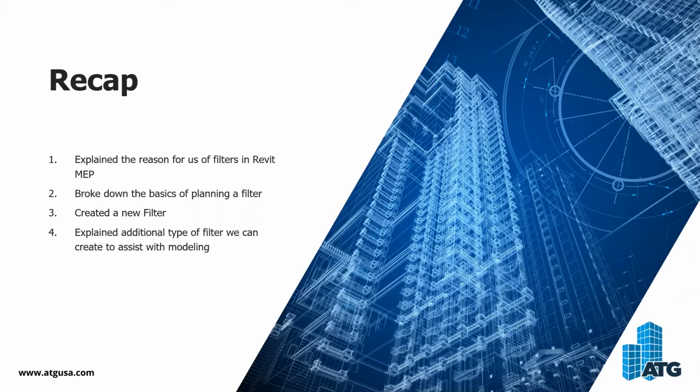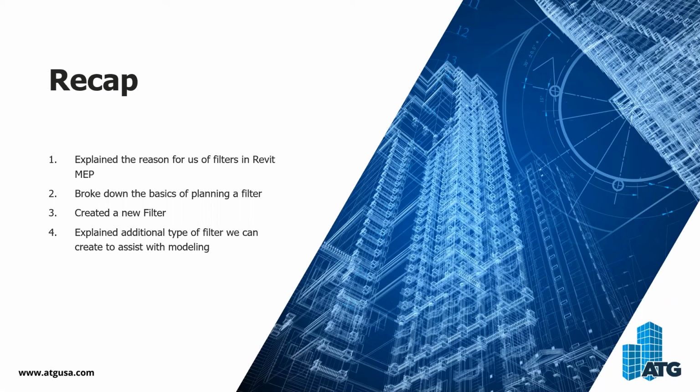We also broke down some of the basics of planning out a filter. Planning out a filter meaning making sure you go into those systems that you created, whether it's conduit, duct, or piping, and making sure that you've answered all that information. And then creating a new filter.